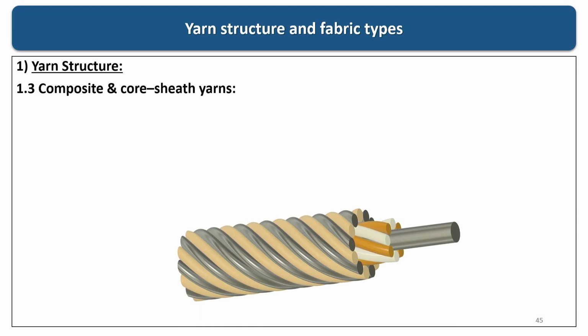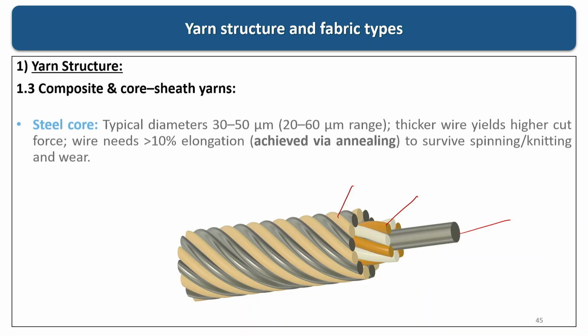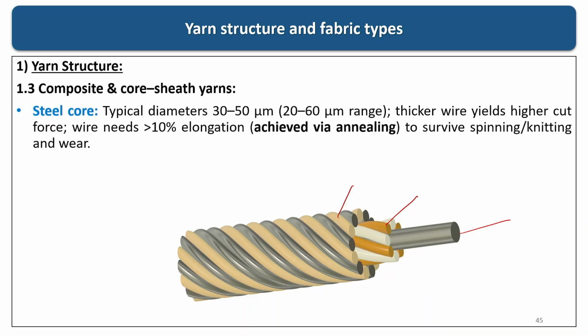Now, this is the multi component yarn, where this is the core, first sheath and second sheath. Multi layered yarns are also used. Steel cores are typically 30 to 50 micron, and the total range is between 20 to 60 micron.